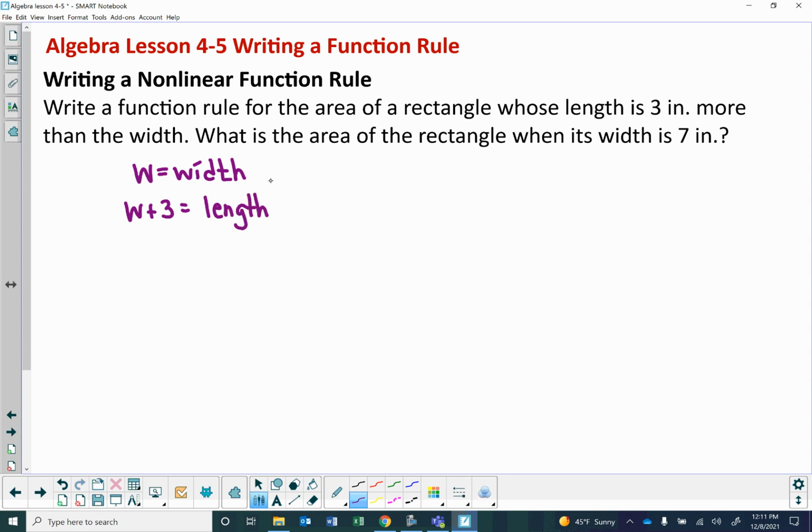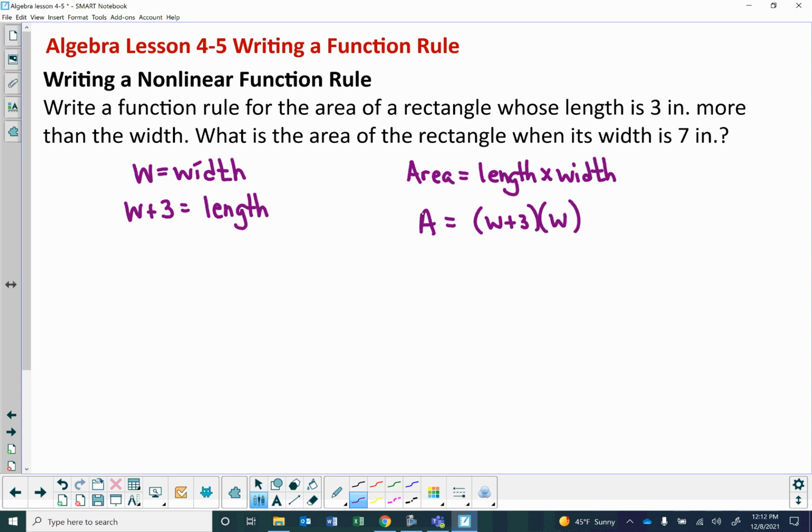Now, if you remember, area of a rectangle is found by taking your length multiplied by your width. So my area will equal my length, which is W plus 3, times my width, which is W.